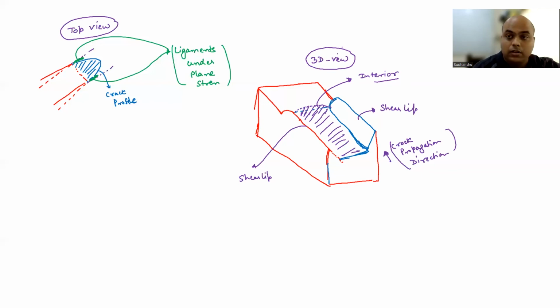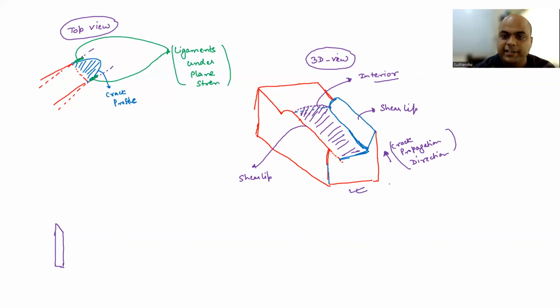Now, if you draw, what happens when you vary the thickness? Suppose I have a very thin sample, where the whole sample is under plane stress condition. It is going to have a shear lip directly, right? So this is a very thin sample. Now, if I increase the thickness, you are going to observe what we have discussed just now.